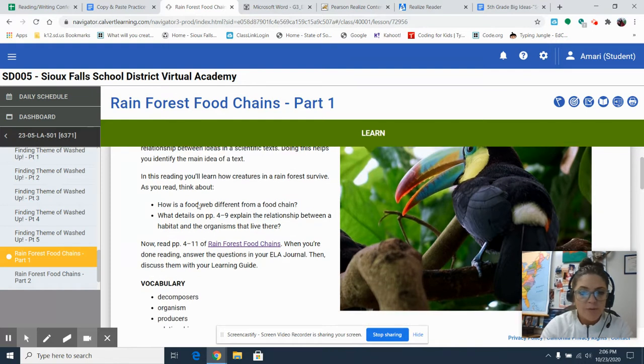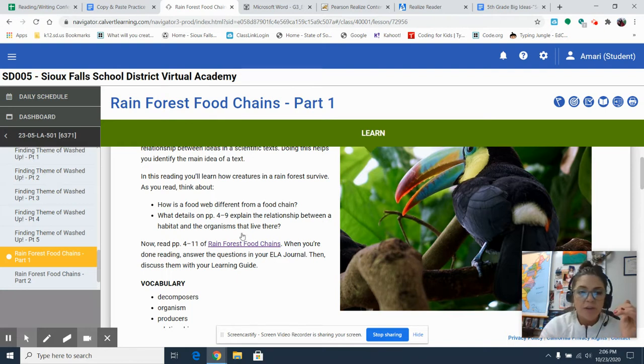How is a food web different than a food chain? Because they're two different things, a food web and a food chain. And what details on pages 4 through 9 explain the relationship between a habitat and the organism that lives there? There should be details that help you understand a habitat and why the organism lives in that specific habitat.